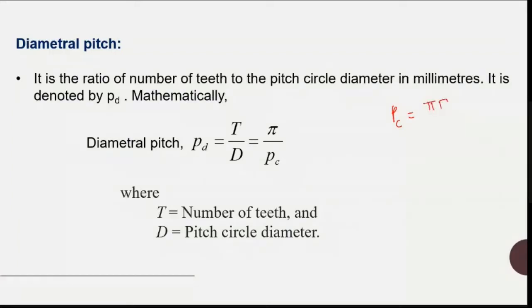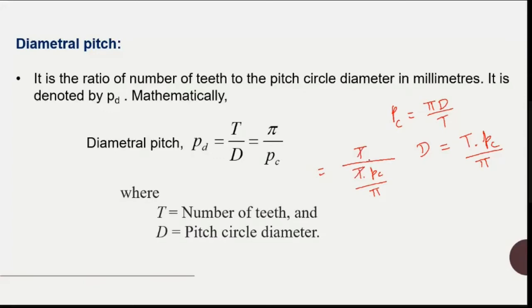So if you want d, then d is equal to t into pc divided by pi. I am cross multiplying it. When I substitute it here, you get t divided by t into pc divided by pi.